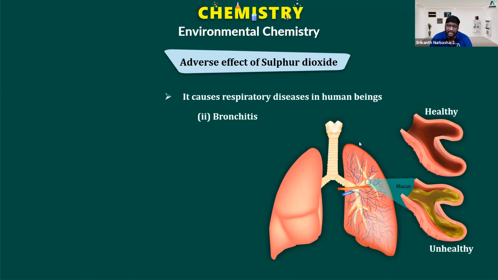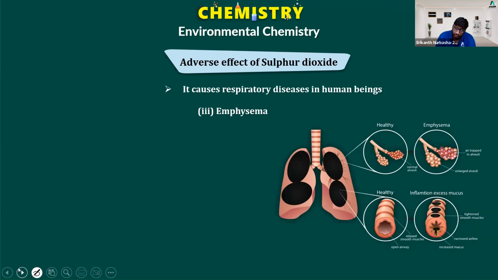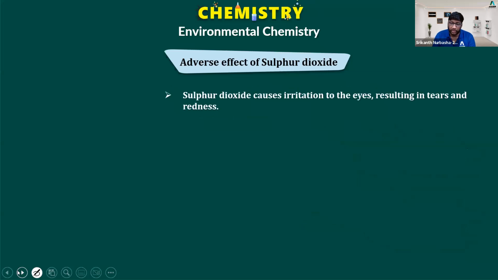But all those details we can't study. So we'll just look at the type of adverse effects. So asthma, bronchitis, emphysema, yes or no? These are the different kinds of diseases which are produced whenever you have more SO2.